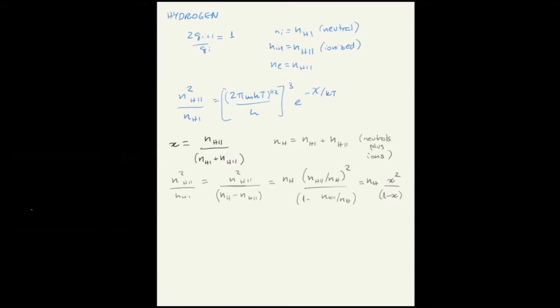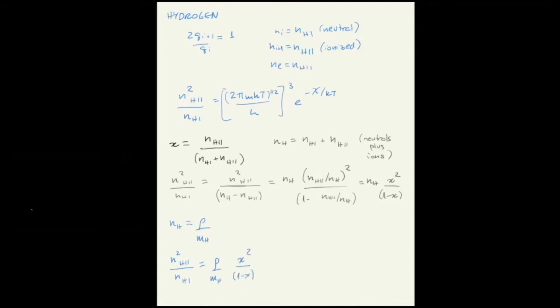Now the number density in terms of the mass density is rho over the mass of the hydrogen atom. So we can write this equation as the square of the number of ions over the number of neutrals is equal to rho over the mass of hydrogen times x squared over 1 minus x. So this equation is a quadratic.